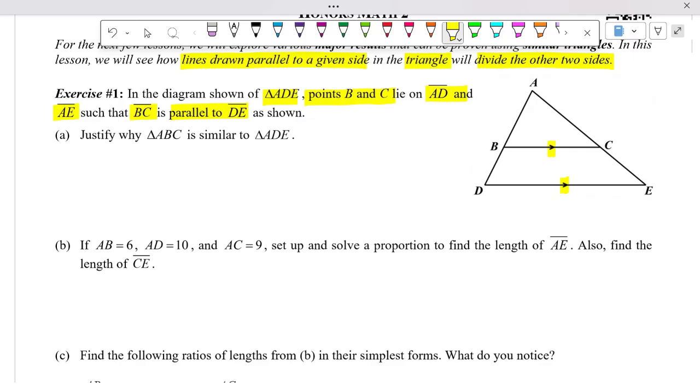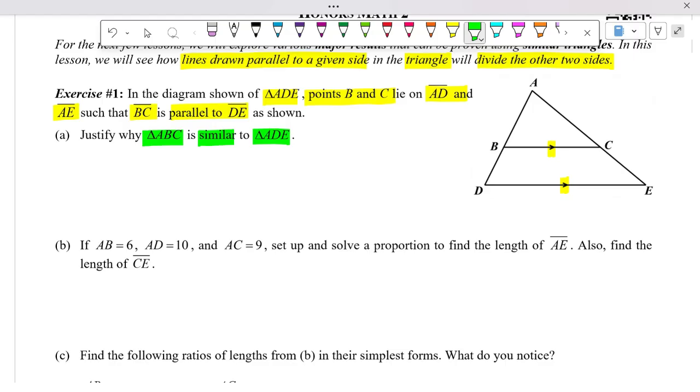Now, they want us to justify that triangle ABC is similar to triangle ADE. If we look at this picture, have they already marked some sides for us that we can test proportions? Meaning, have they given us side lengths? No. So the postulates side, side, side and side, angle, side are probably out because we don't have enough information for those.